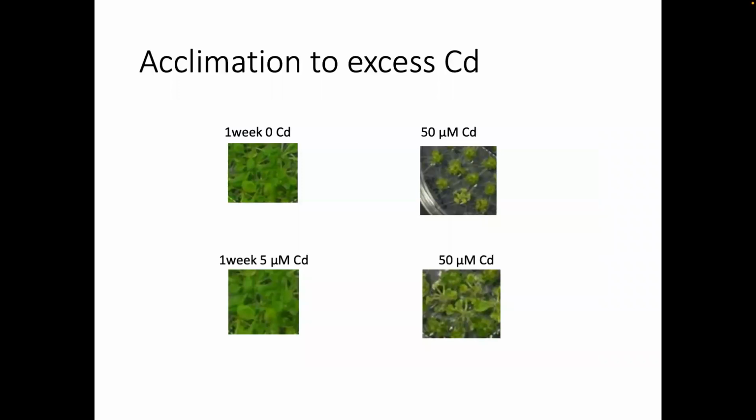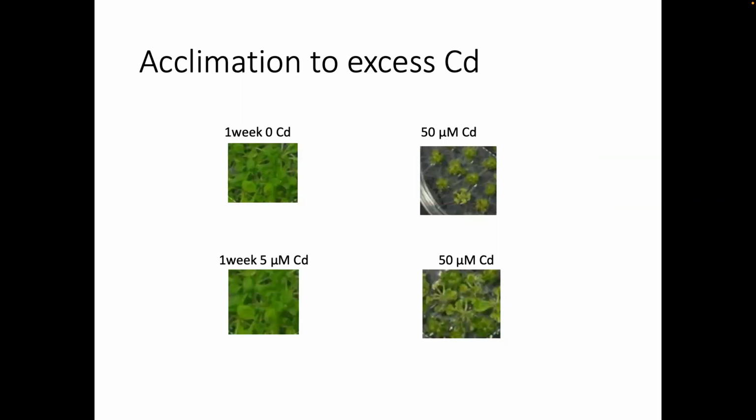Okay, what I try to say, I may have plants that grow 1 week in 0 cadmium or 5 micromolar cadmium. They both grow happily because this is not too much. But then if I transfer them to 50 micromolar cadmium, which is quite bad for the plant, the one that hasn't been exposed to cadmium will grow very badly.